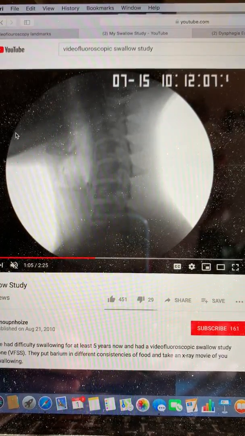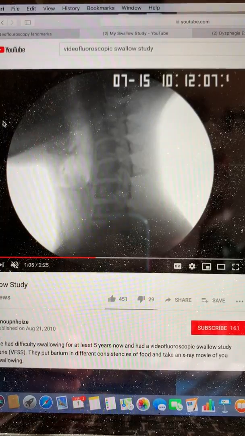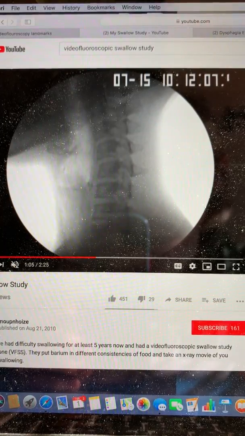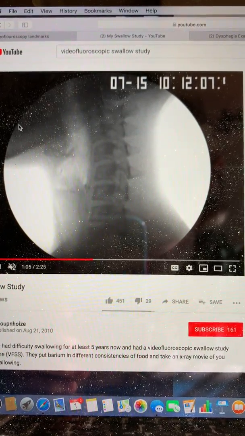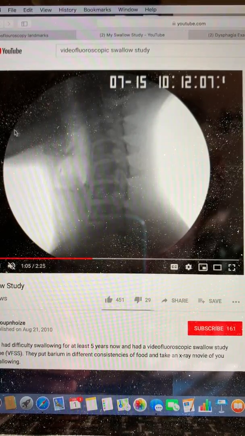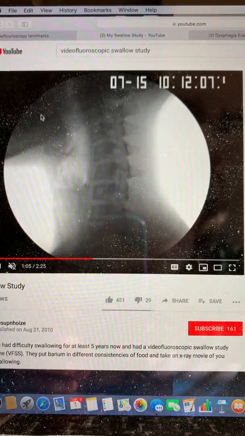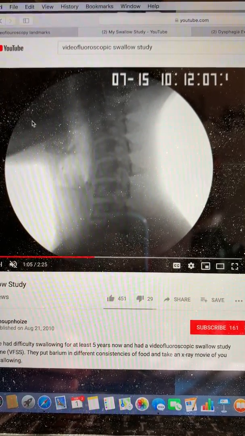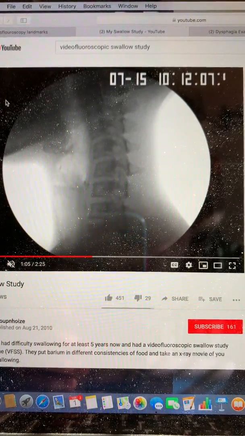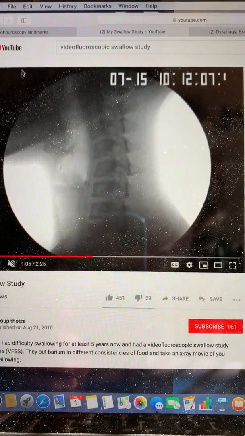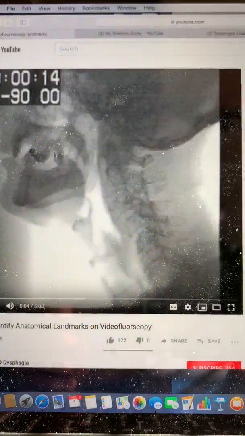So this is the oral phase, and the oral phase actually begins when this person either looks or smells the food. So then the food is taken into the mouth, it's masticated, the saliva begins to form, and a small bolus is created. Then the tongue is going to push up on the hard palate, which you can't see here, but you could see here.